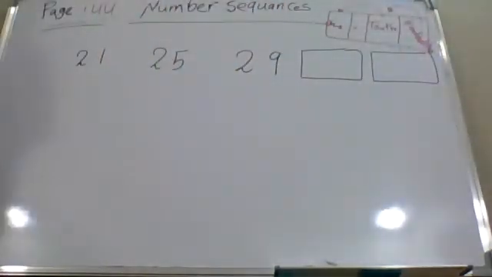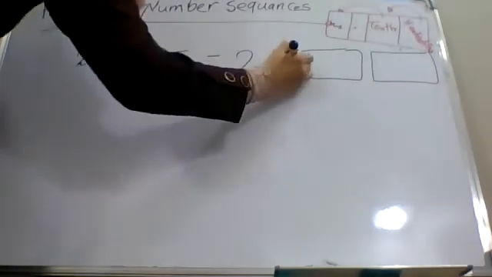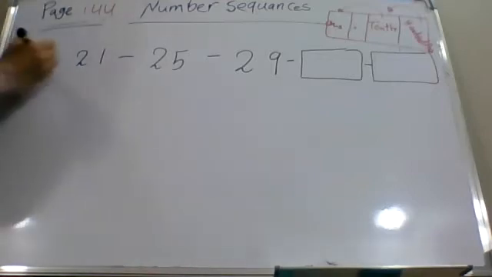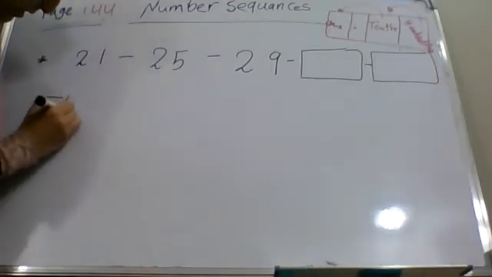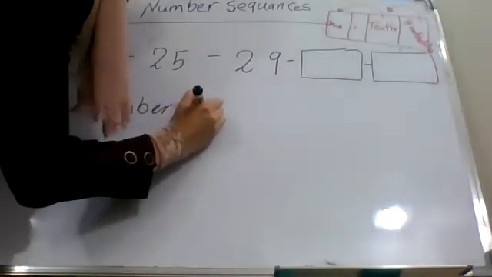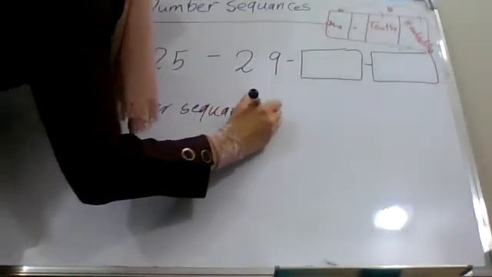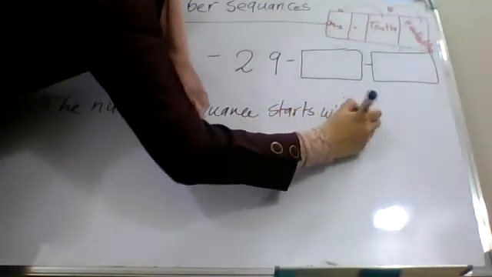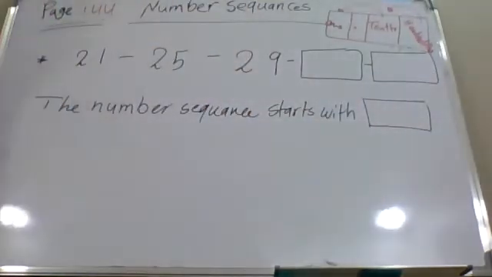It's very easy, okay? See, what is the changing place? Then you have to figure out what number the sequence starts with. So the first question is, what was the number that we started the number sequence with?